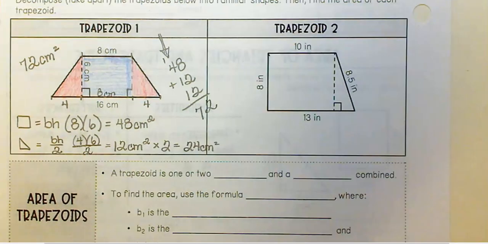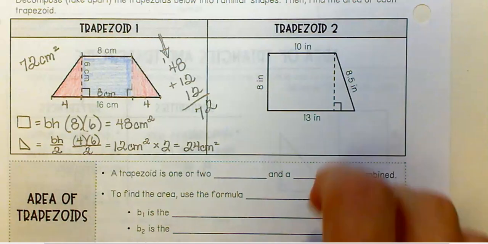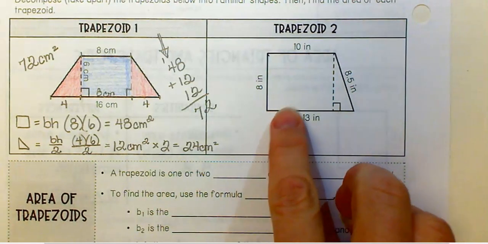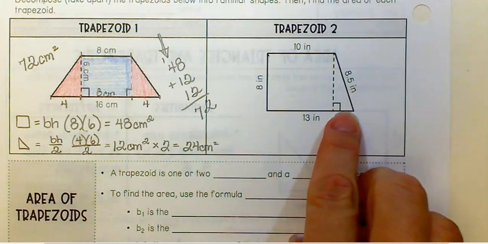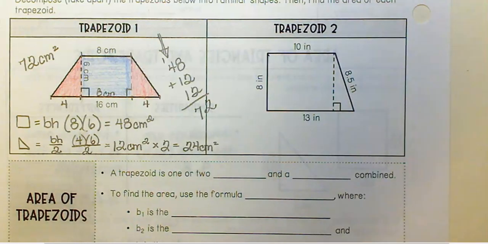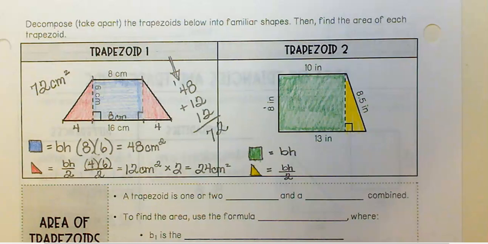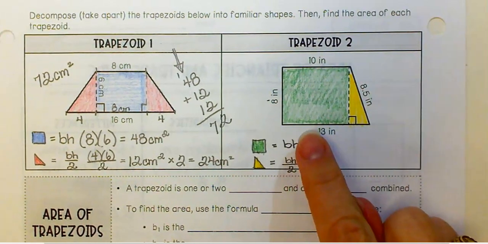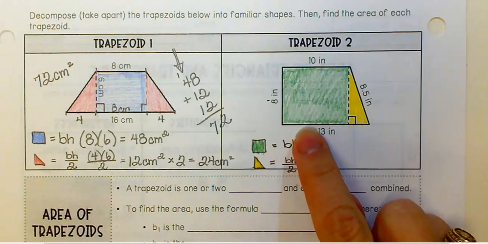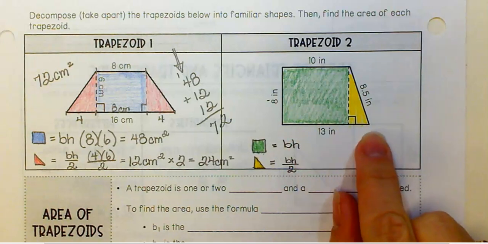All right, let's try trapezoid number 2. I'm looking at that, and this time it looks like I have a rectangle and just a single triangle. But still, we need to break it down into the individual shapes in order to find the area of that trapezoid. All right, so what I've done is I've taken my trapezoid and I've recognized that I have a rectangle and a triangle.